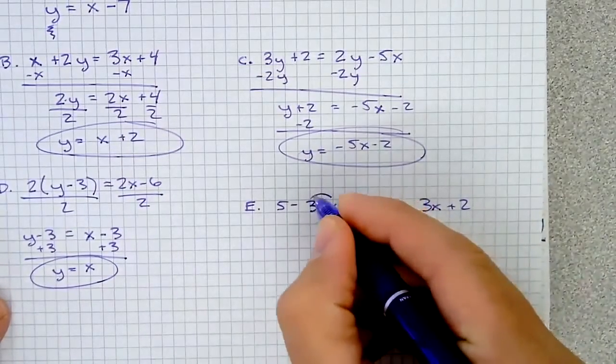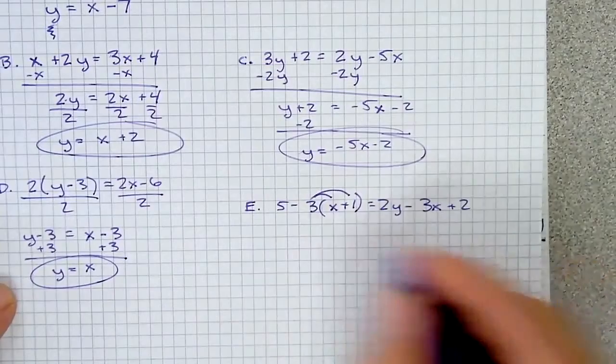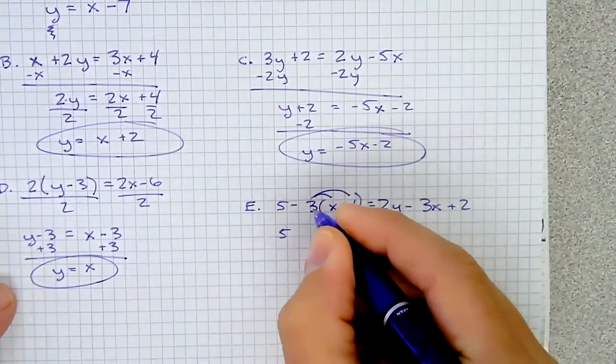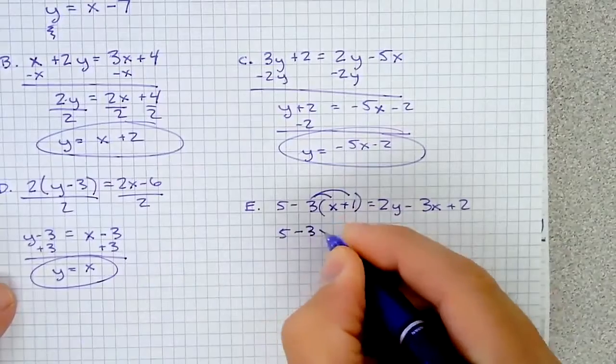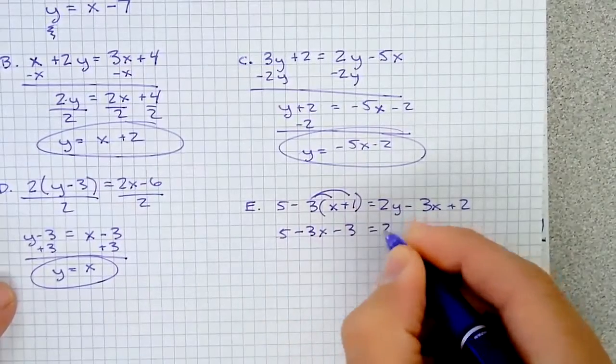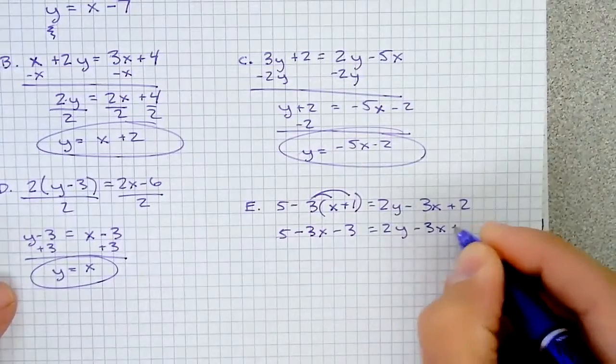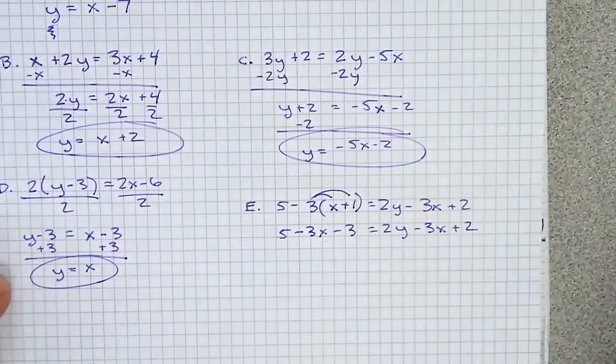But first I'm going to distribute this 3. So it's really a negative 3, so it should be minus 3x minus 3. A lot of people screw that up and leave that as a plus 3. So now I'm here.